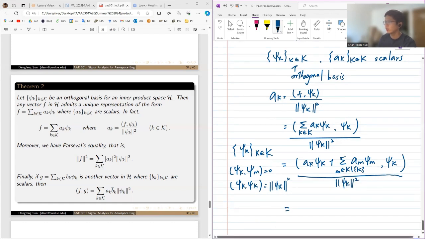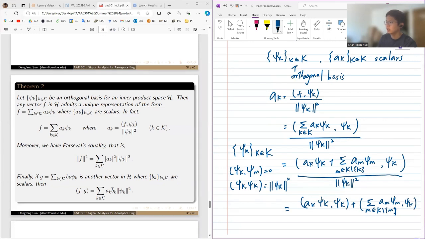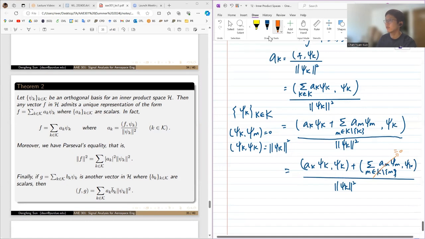So here we will have the inner product of ak psi k and psi k, plus the summation of all the other elements in the set kappa, am times psi m and psi k, divided by the squared norm of psi k. And this term here will be 0 because this is a set of orthogonal vectors.